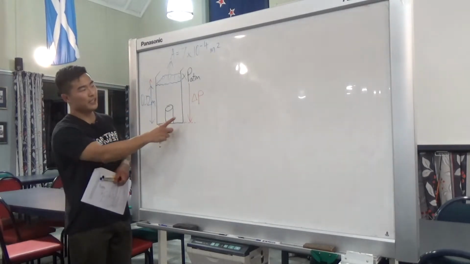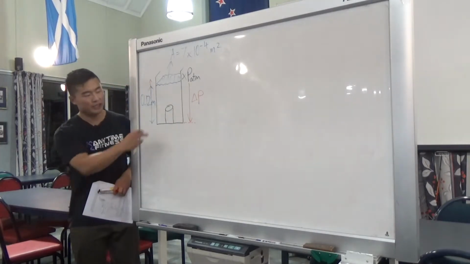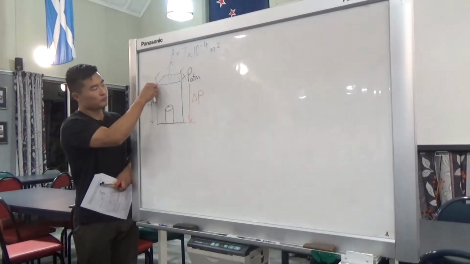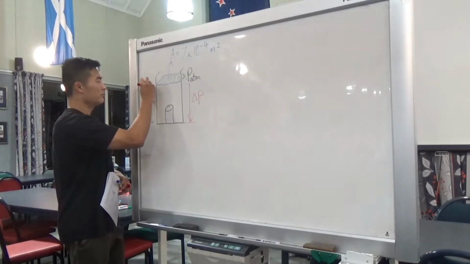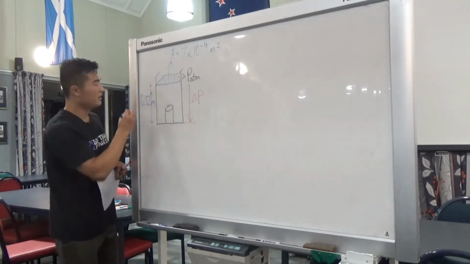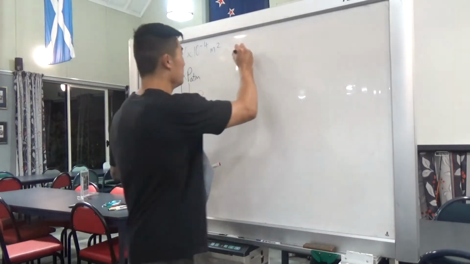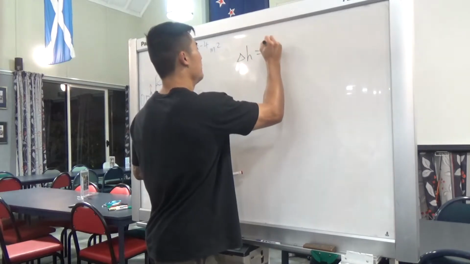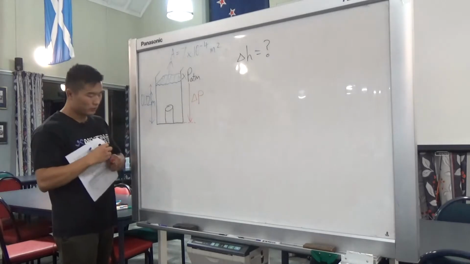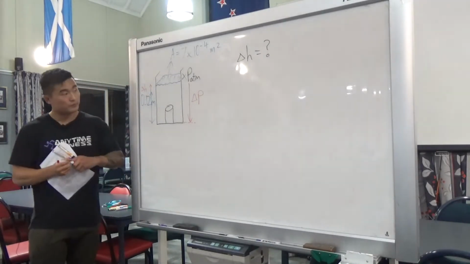Because the area is going to stay the same, the height would have increased when you put the cylinder in. So we're trying to find out what the change in height would have been when you put the cylinder in. Okay?